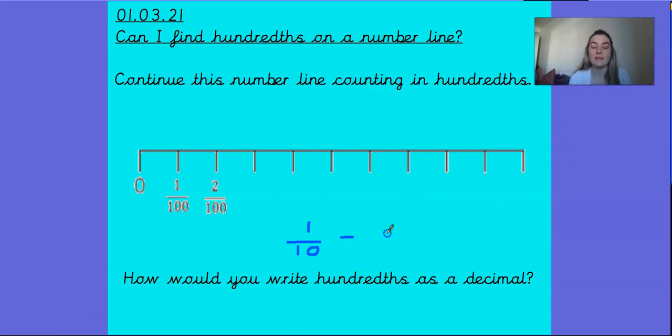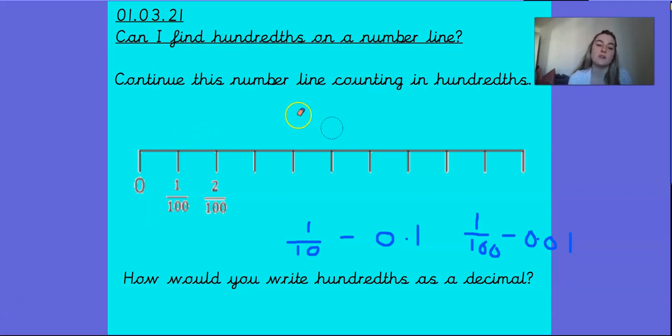Now if 1/10 is equal to 0.1, remember we said that 1/100th is 0.01, okay? So I'm going to have a go and fill in this number line, and then hopefully when you come back, you will have the same as me.